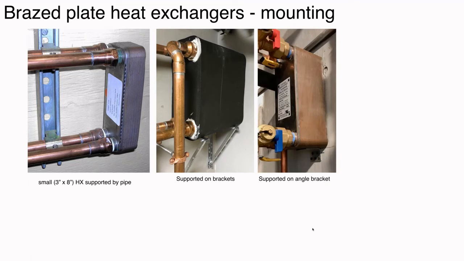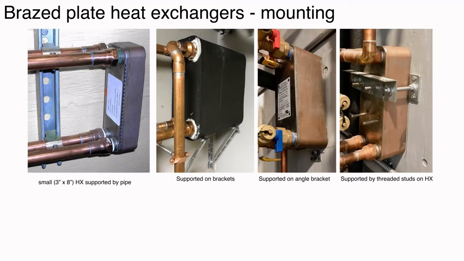Here's another heat exchanger, and if you look close, you'll see there's a little steel angle bracket down at the bottom supporting the weight of that. The piping itself is actually holding it in place there. That's not screwed up into the bottom of that heat exchanger, but it is supporting the weight. And then over here on the right, some heat exchangers are equipped with threaded steel studs on the one inner plate.